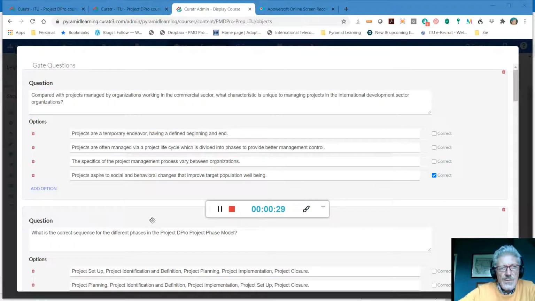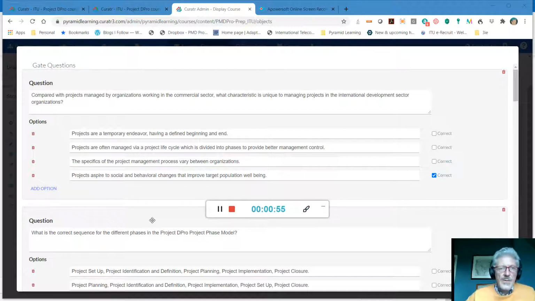Okay, so the first question is saying, well, looking at other projects in the commercial sector. So immediately we're saying, well, what are the characteristics of the commercial sector projects and what's unique about international development? And then we've got our options. So the first one, temporary beginning and end. Well, that's true about every project. Second one, projects often managed by a project lifecycle.